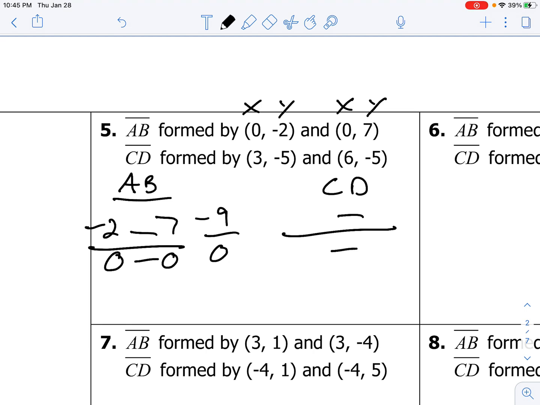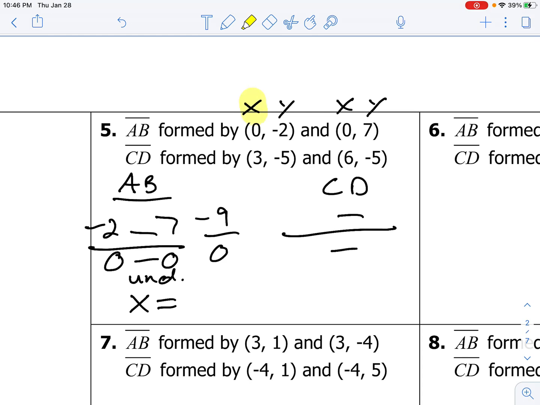Anytime that you have 0 on the bottom, your slope is going to be undefined. And when you have an undefined slope, we know that it's an x equals equation. Well, what does x equal?